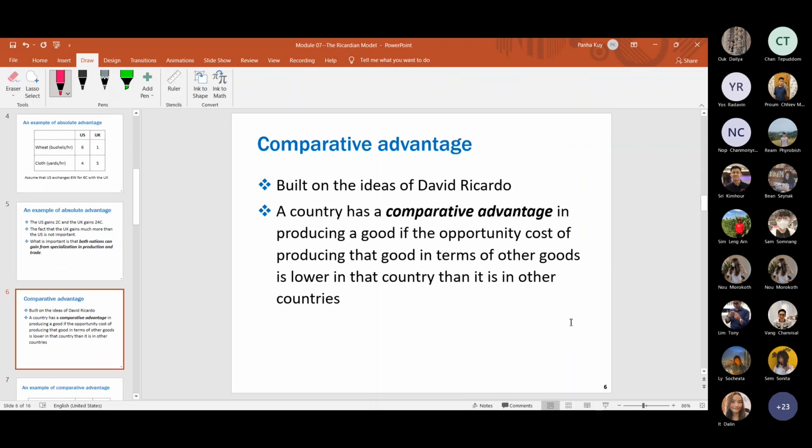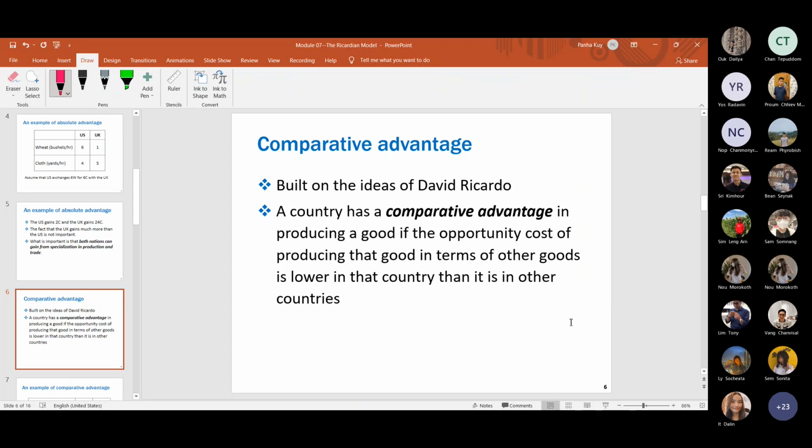Okay, so this is comparative advantage like we discussed earlier. It was built by David Ricardo. A country has a comparative advantage in producing a good if the opportunity cost of producing that good in terms of some other good is lower in that country than it is in other countries.